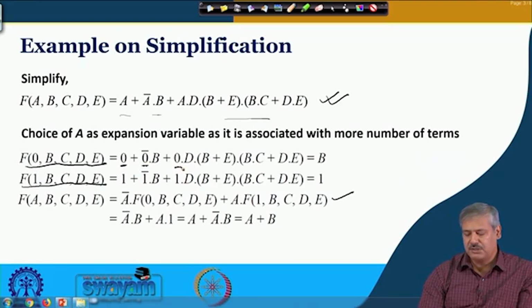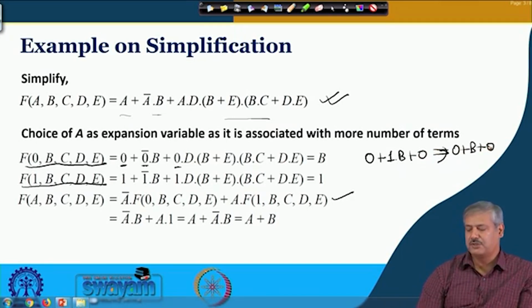It is dependent on other inputs of the OR gate, and this is ANDed with 0, which generates a 0. So, basically you have got 0 plus 0 prime is 1 ANDed with B plus 0. So, basically you get 0 or B or 0. So, ultimately the result is B.